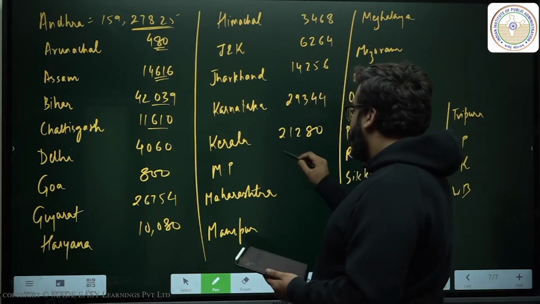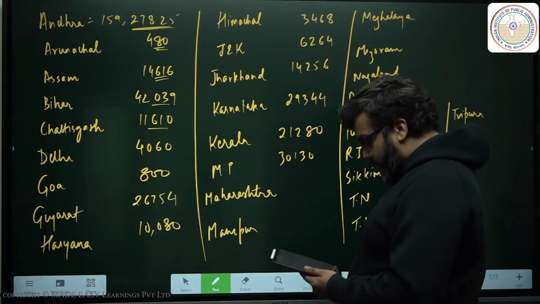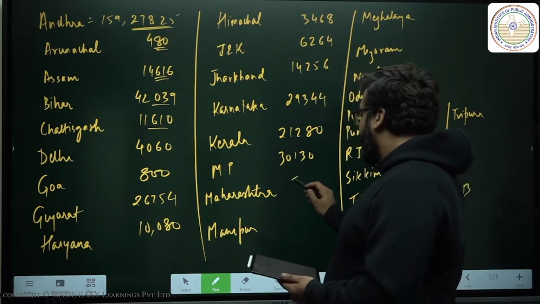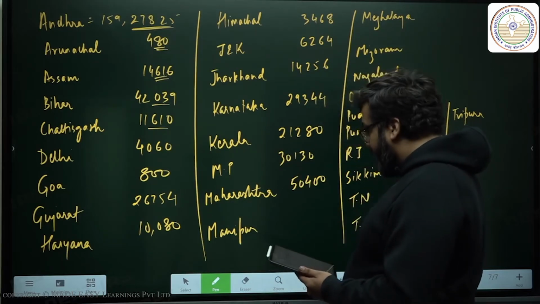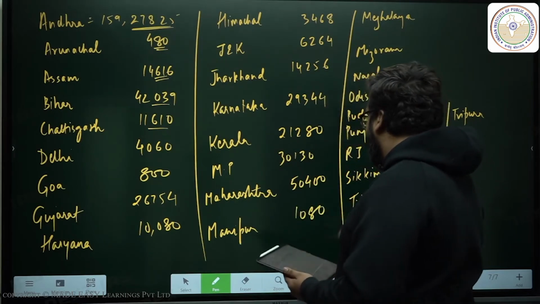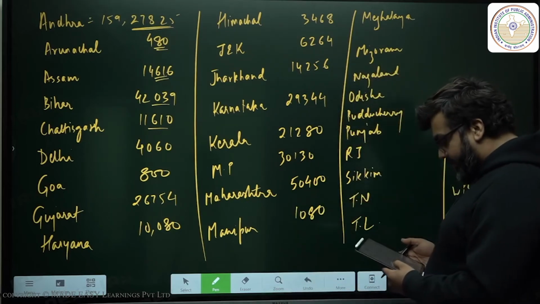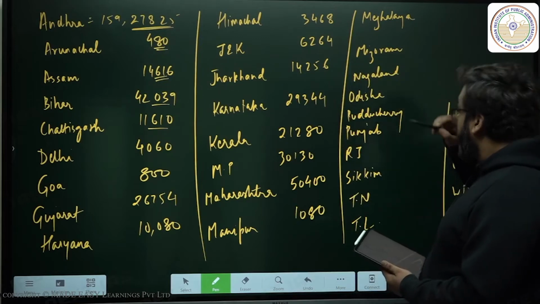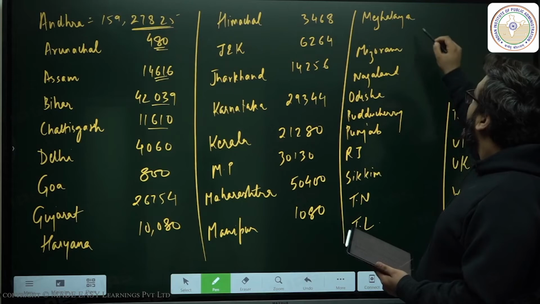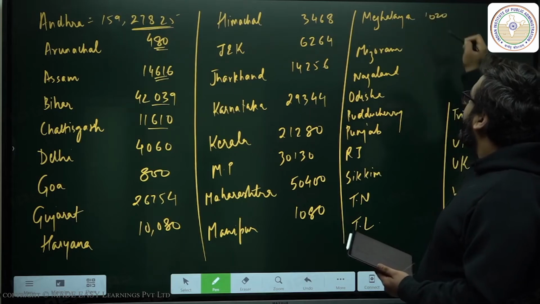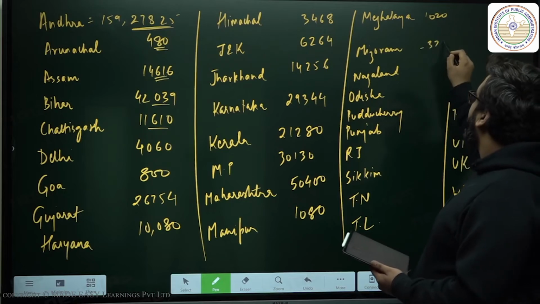Madhya Pradesh, 30,130. Maharashtra, 50,400. Manipur, 1,080. There is a reason I'm writing all of this. None of this you have to memorize. Meghalaya, 1,020. Mizoram, 320.